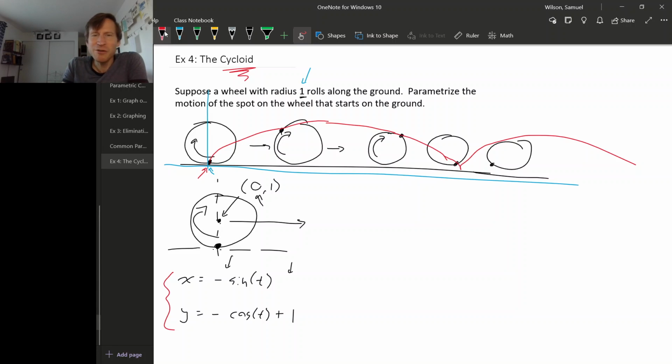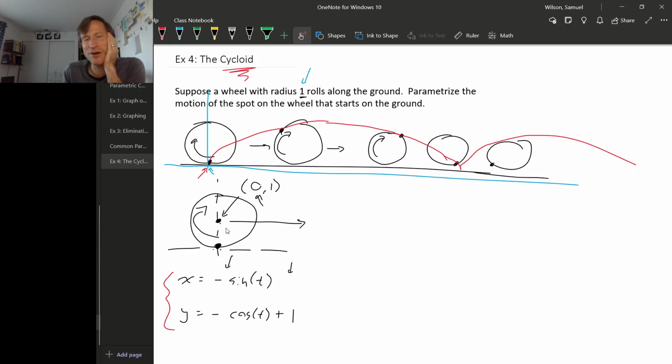Now we need to figure out how to describe the motion of the center of the circle as it moves to the right. Well, if you think about how a wheel rolls, what really determines the position of the center?